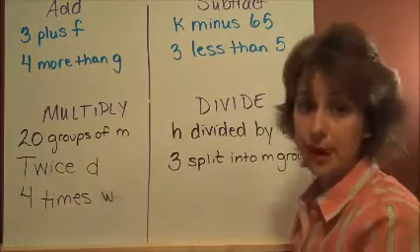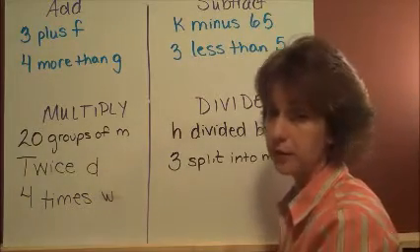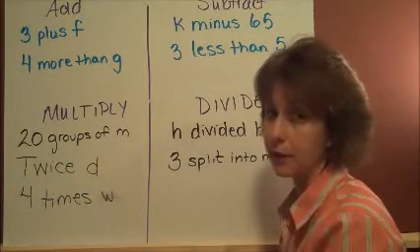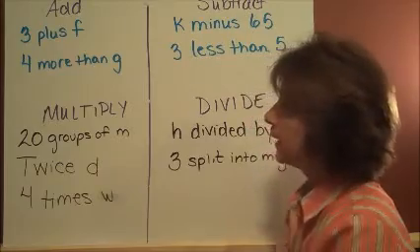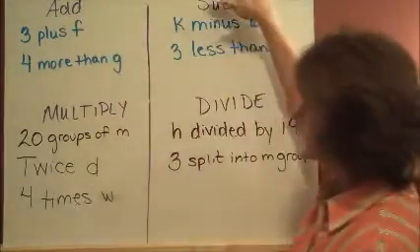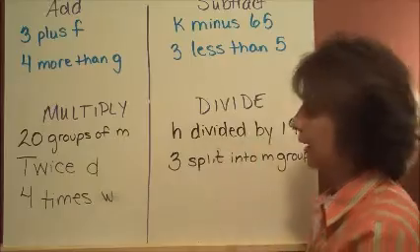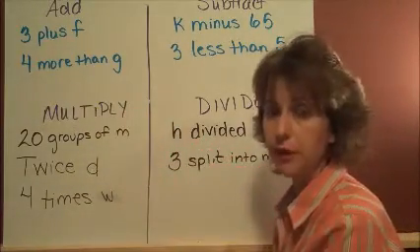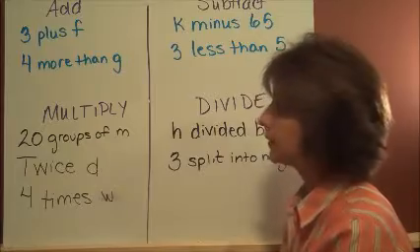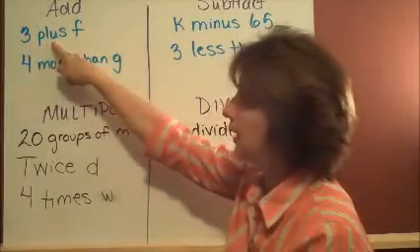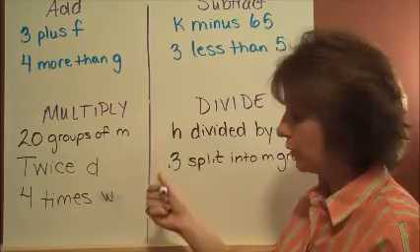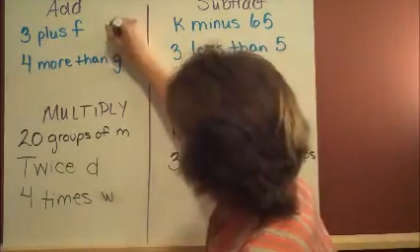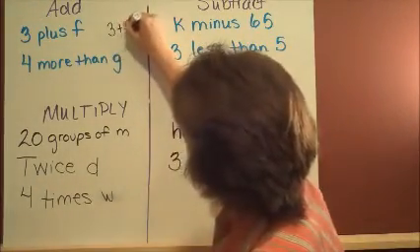There are 4 types of algebraic expressions, just like there are 4 types of operations with numbers. You can add, subtract, multiply, or divide. And very often you're given words that you turn into an expression. Let's see how this works. 3 plus f would be written as 3 plus f.